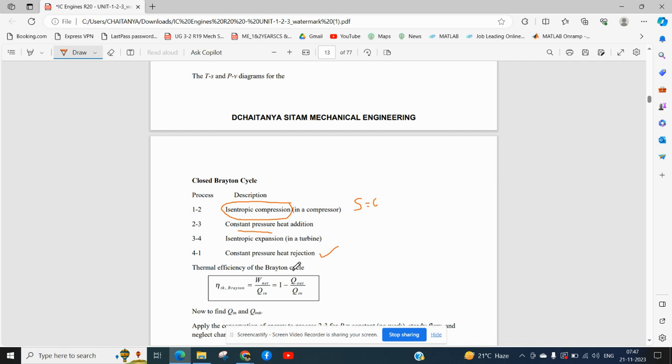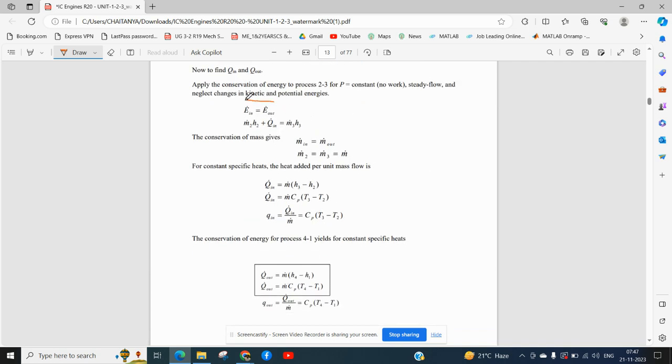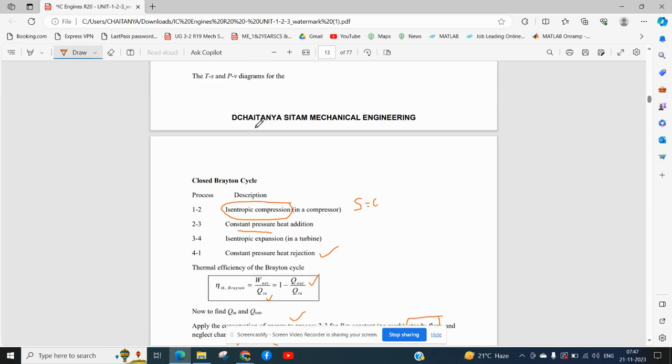Under these pressures we follow constant pressure heat addition and rejection. You all know that thermal efficiency for any cycle is net work done divided by heat supplied, or heat input. We rewrite this as 1 minus Q out by Q in. Here the energies need to be identified, the energy inlet and energy outlet, following energy conservation and the standard flow energy equation with half m v squared and m g z. We follow the mass flow rate from 2 to 3.